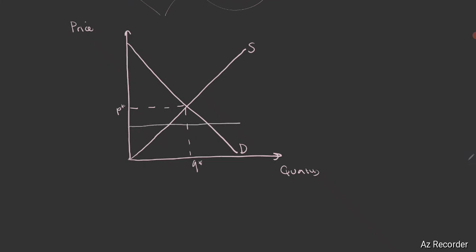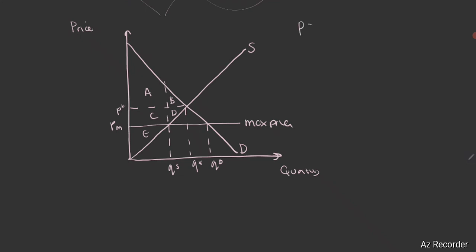So the max price is at PM, and this intersects with supply here, so this is QS, and intersects with demand here, so that's QD. If we draw these lines up a little bit, we can label A, B, C, D and E.